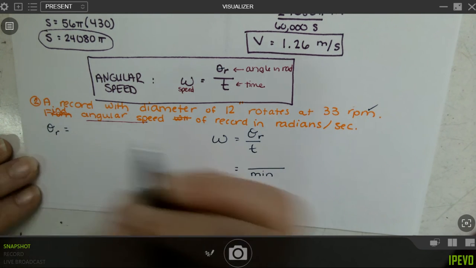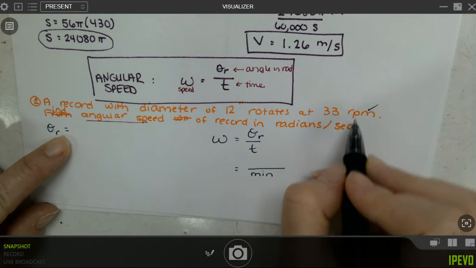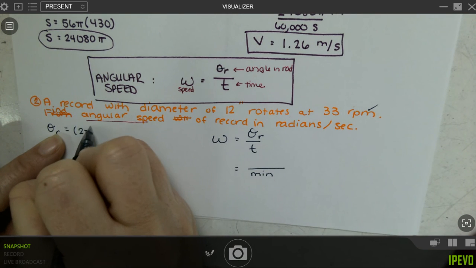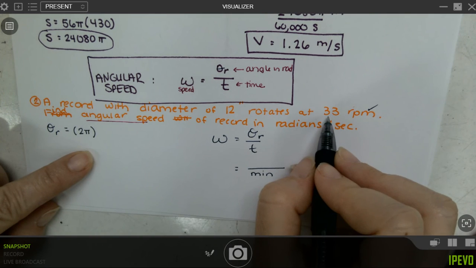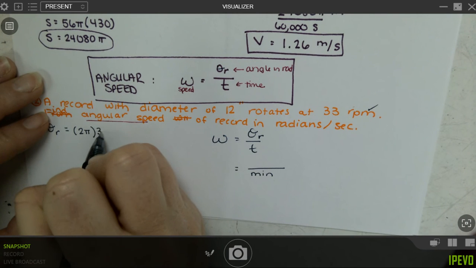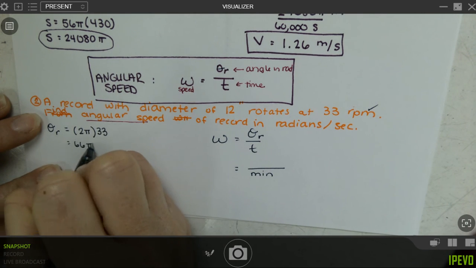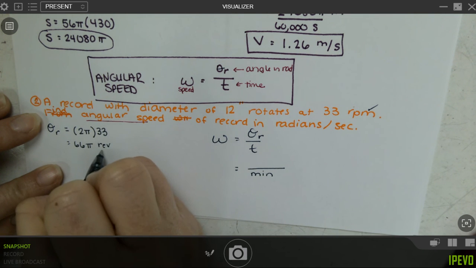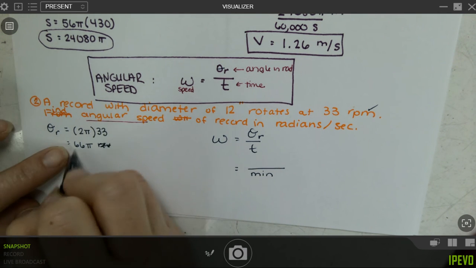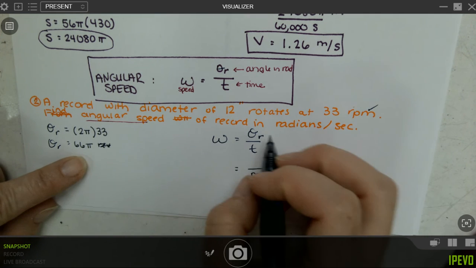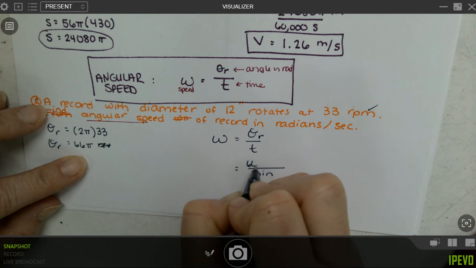Each rotation is 2 pi, and we have 33 rotations. So 66 pi is your measure in radians. So we're going to go ahead and put 66 pi over here.